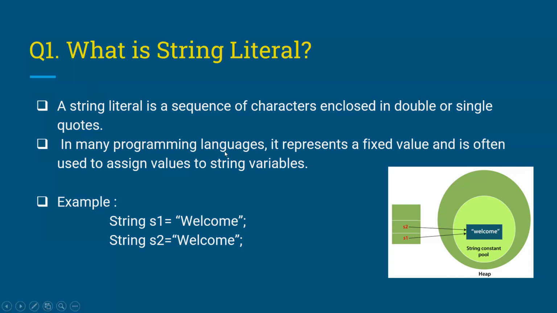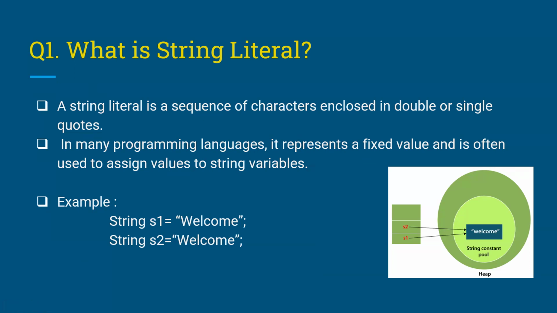In many programming languages, a literal represents a fixed value and is often used to assign a value to a string variable. Fixed value here doesn't mean we are using the final keyword to stop people from changing it; the meaning is that we assign the value directly to the variable, and that is called a literal.